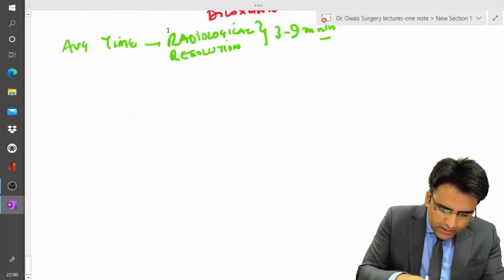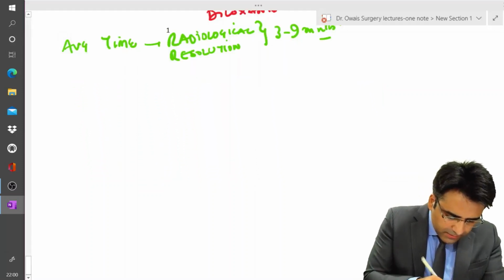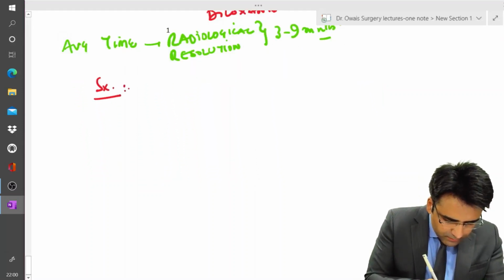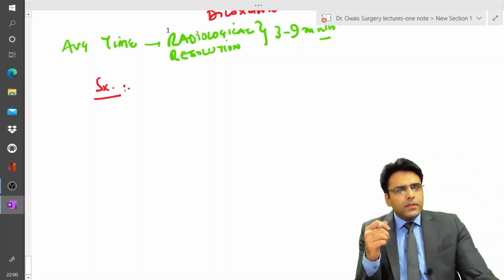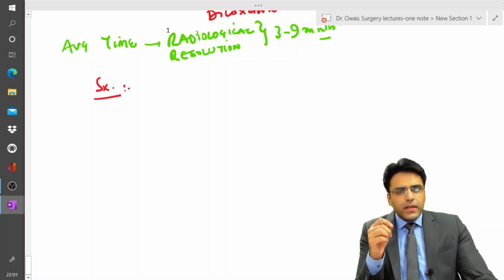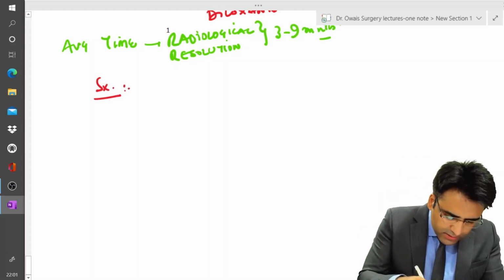Now next, let us discuss the surgical treatment. Now we have open surgical drainage of the abscess. First we will discuss the various indications of surgical management. So what are the indications?